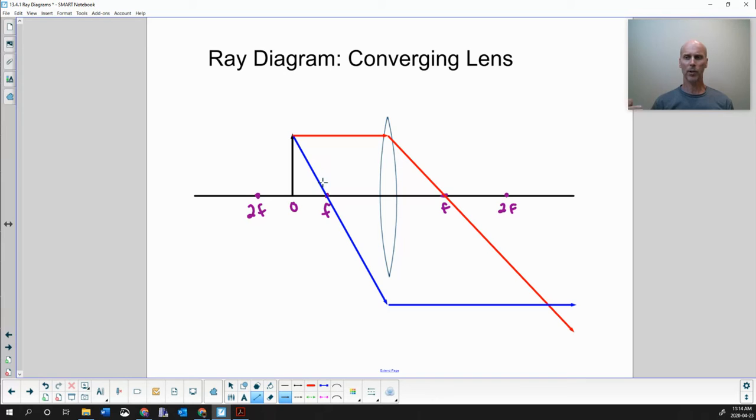We had a ray for mirrors that went kind of through the center of curvature, or at least we put our ruler from the tip of the object and the center of curvature, and then it bounced straight off the mirror. This one, we can draw a ray that goes through what they refer to as the geometric center of the lens. So that is this point right through here.